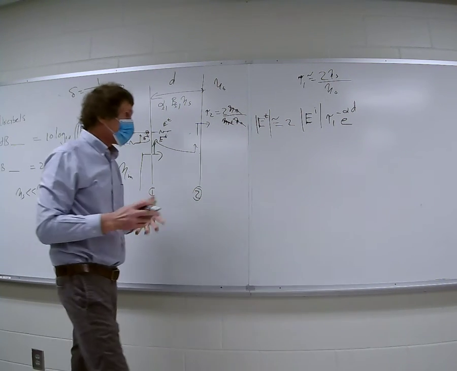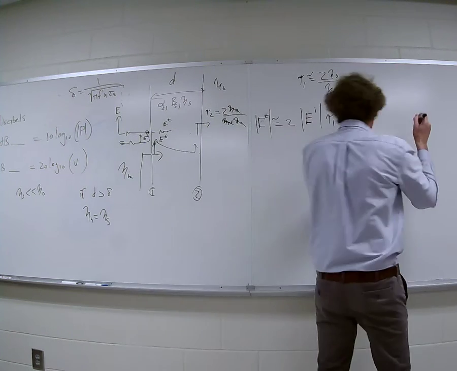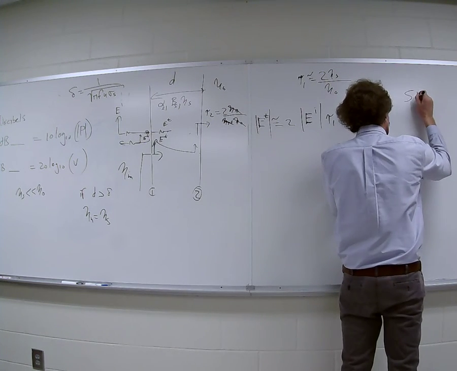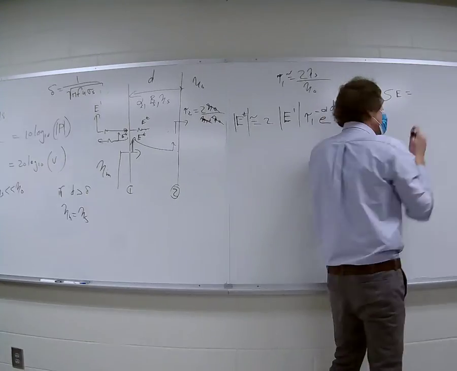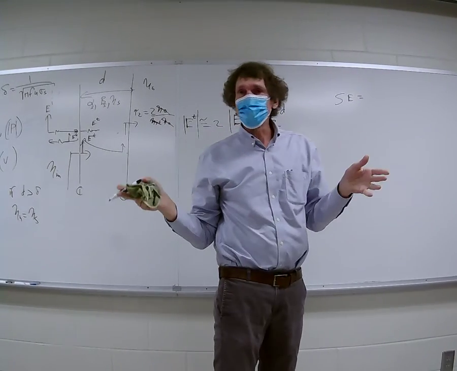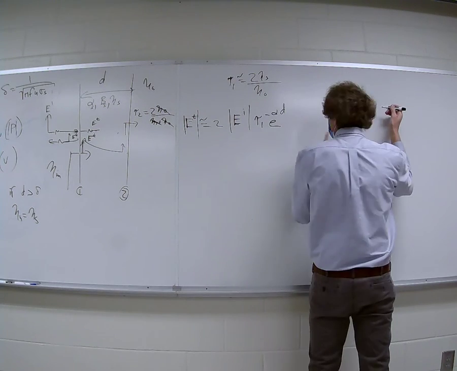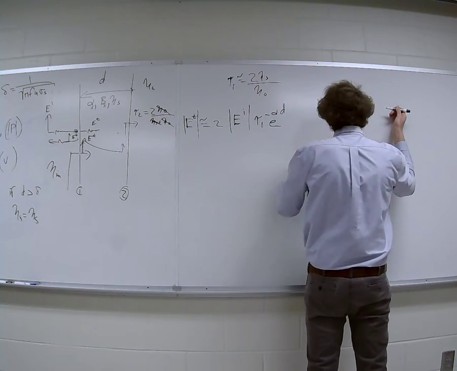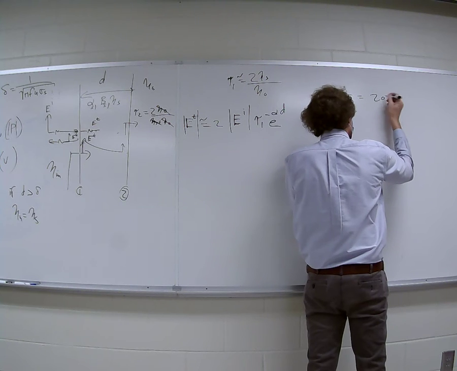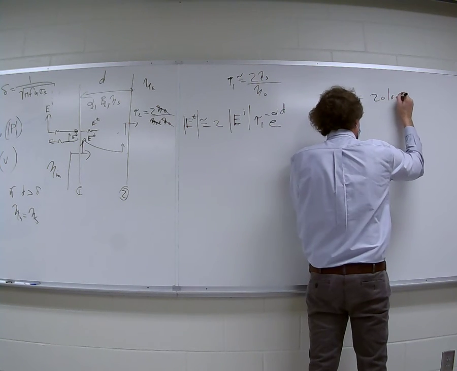Now, when I get the shielding effectiveness, I'll put it up here. This is just a measure of how effective, or the goodness of a shield, if you will. And it's in dB. This is a voltage, right? It's volts per meter. So shielding effectiveness is 20 times log.